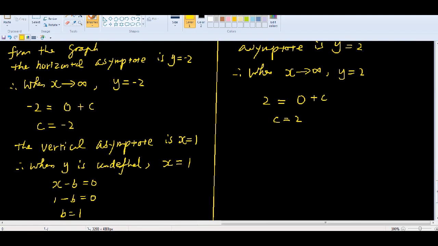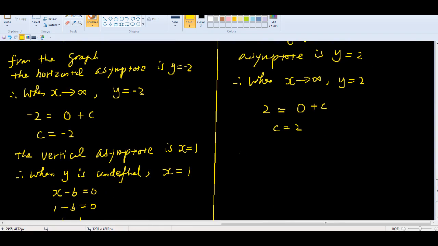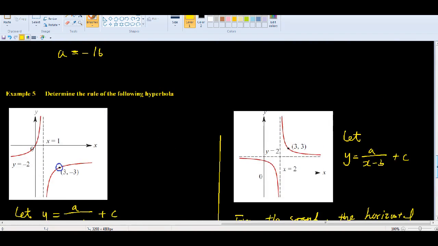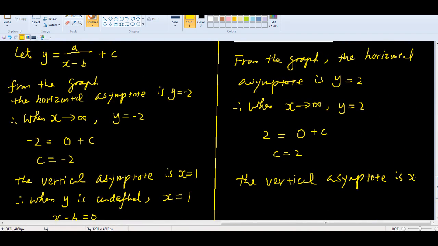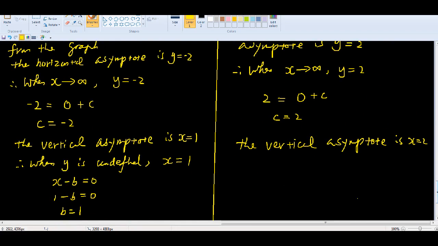Then, how can we find the vertical asymptote? From the graph, you could see the vertical asymptote is x equals 2. Okay, so horizontal asymptote and vertical asymptote both are related to 2.